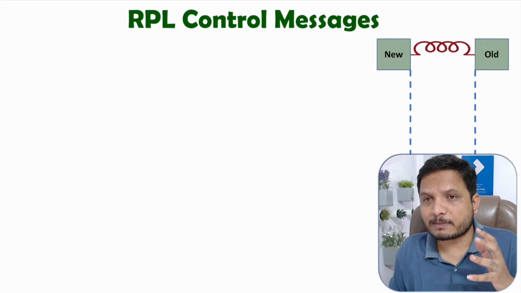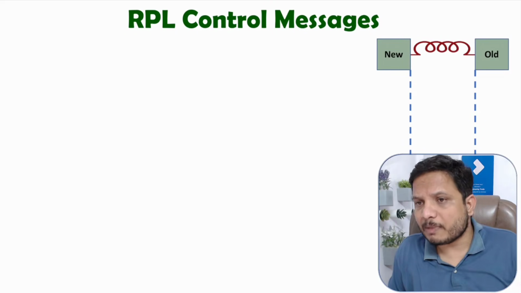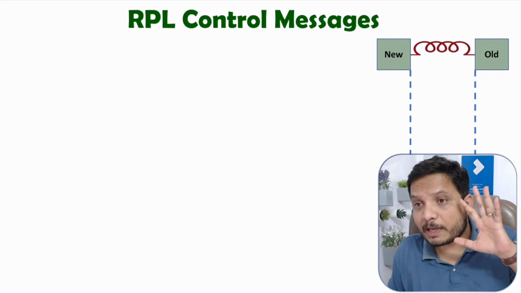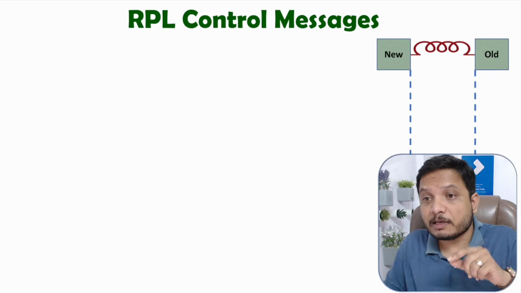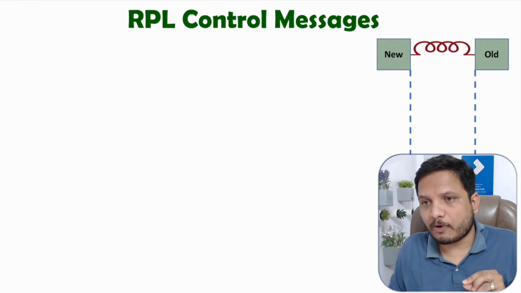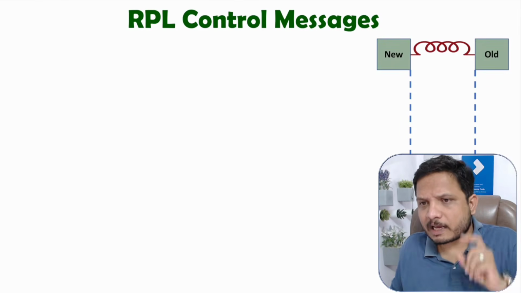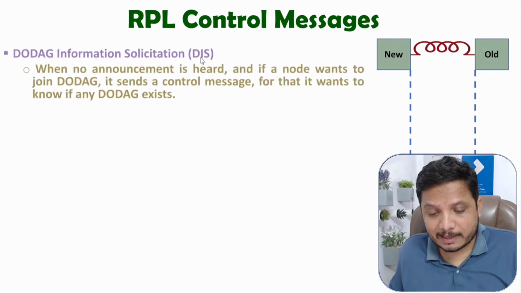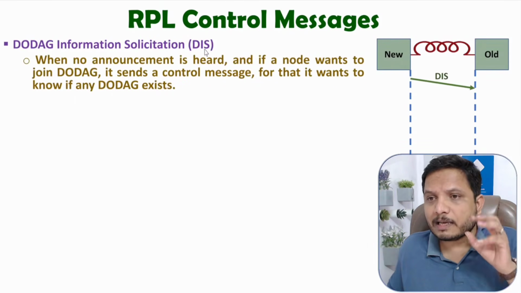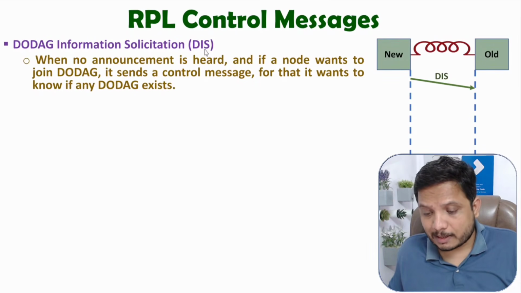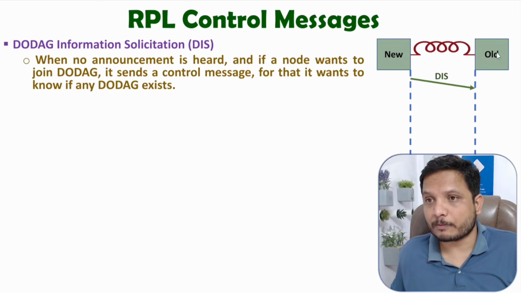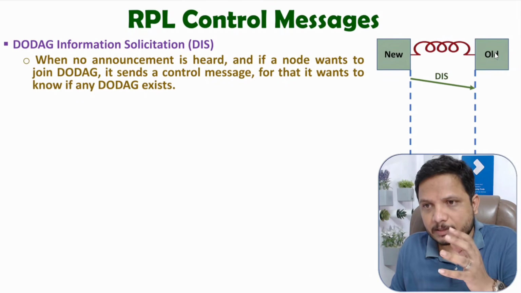Now I am going to explain RPL control messages. There are 5 RPL control messages by which a DODAG network is formed. Let us take the first RPL control message, that is DIS. This DIS message is specifically forwarded by a new node to an older node. What is the meaning of this?